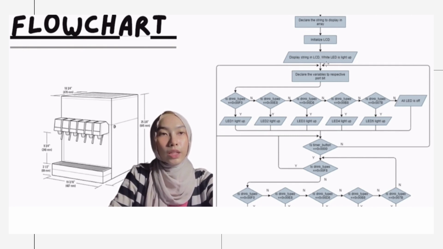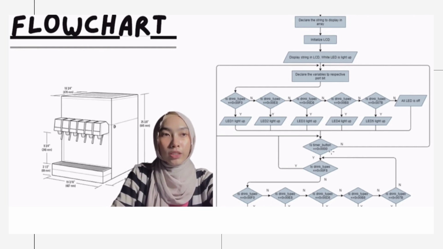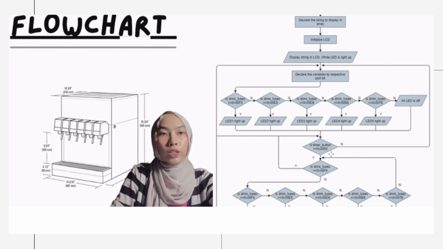And if the timer button fulfills the requirement, it will check the drink type again, and if the drink type variable fulfills the requirement, it will return to the loop to check the timer button variable, and if not, it will check the drink type variable again.